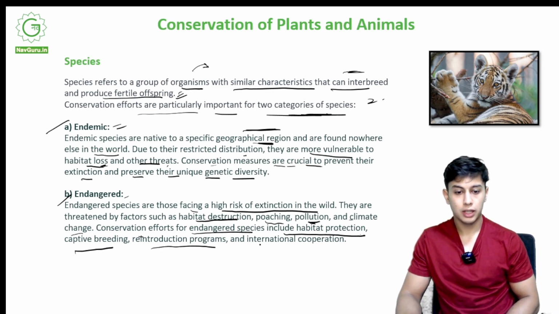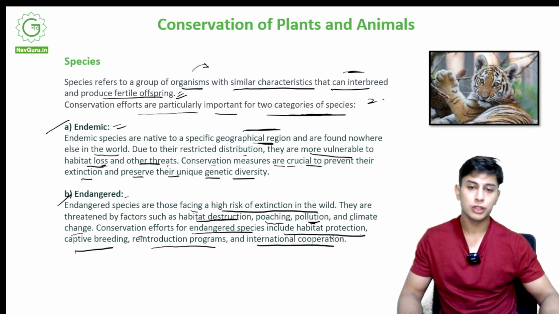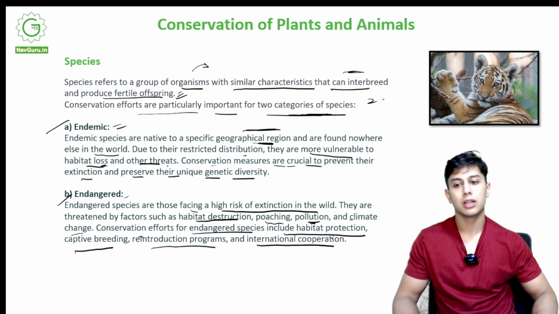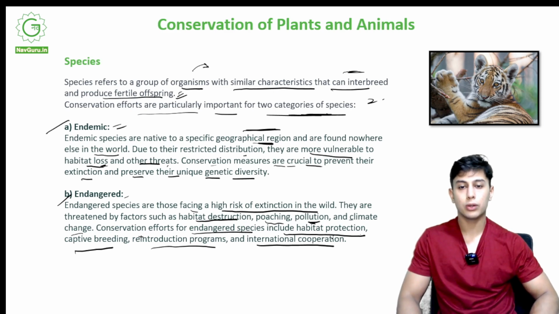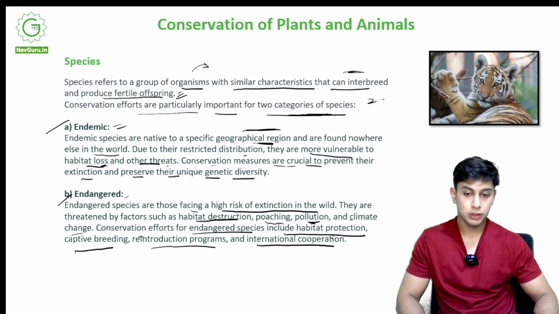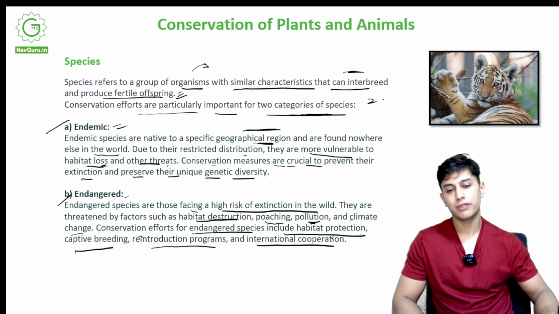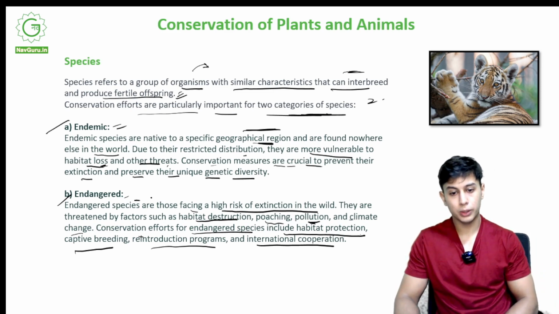Reintroduction programs and international cooperation. So if many countries contribute, they give their expertise, they give their contribution, they partner with most countries to prevent these species from going extinct.